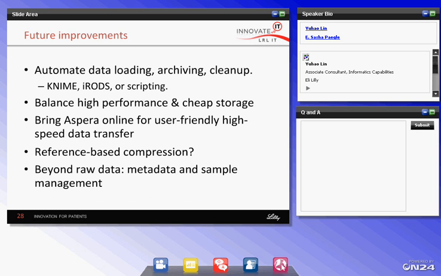Reference-based compression, this is something that has not been a priority to look at, but it is in the back of our mind. So this is where you just store the difference between the reference and your basis. And as you can imagine, you can potentially save a lot of space, although it is more complicated. And then if we ever get the challenges associated with raw data out of the way, we can spend more time on metadata and sample management.